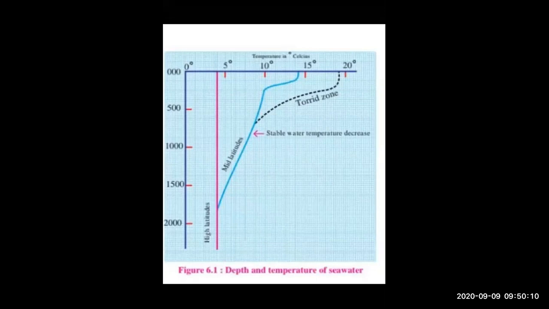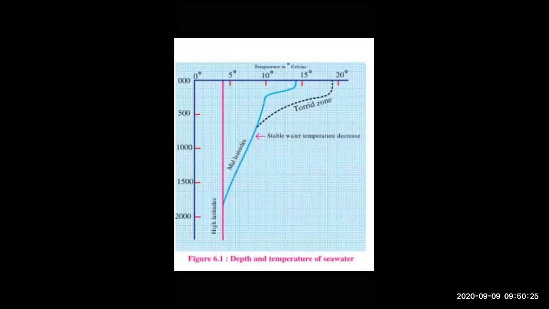Okay, as we everyone know, sun rays radiate back. Yeah, this is on your page number 50. Sorry. So whenever the sun rays radiate back on the surface of the sea, at that time some of them penetrate to a certain depth in the water.